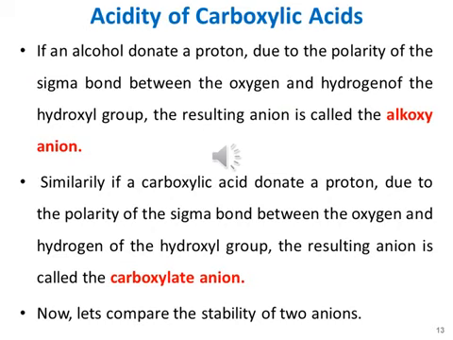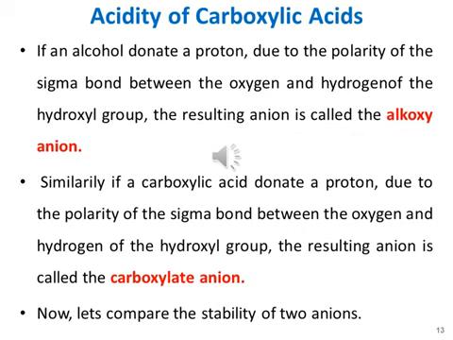Again, here on this slide I have elaborated why alcohols are less acidic than carboxylic acids. If an alcohol donates a proton due to the polarity of the sigma bond between the oxygen and the hydrogen of the hydroxyl group, the resulting anion is called the alkoxy anion.